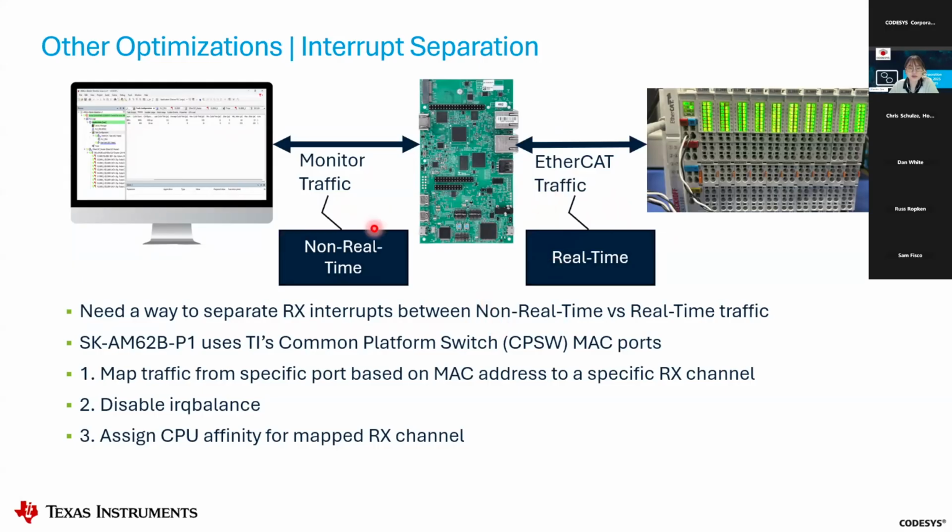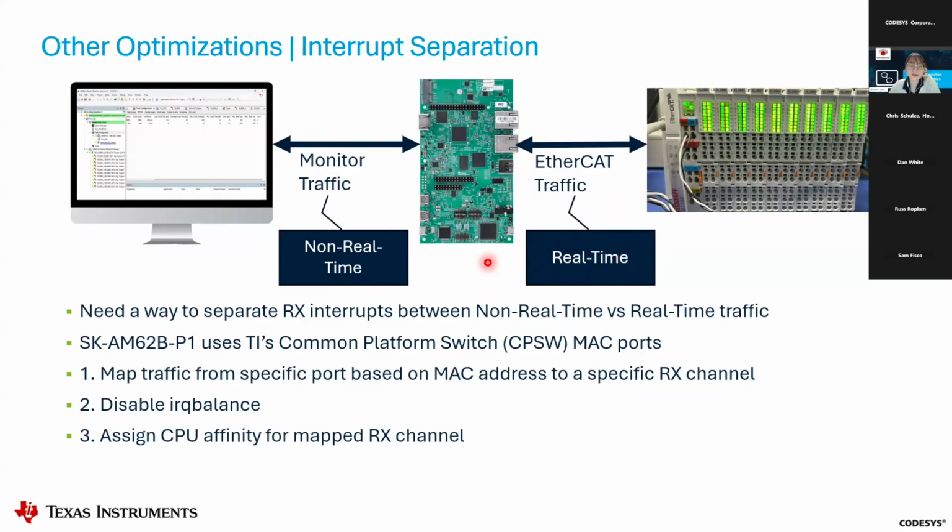Although these two traffics are passing through two completely different ports, that doesn't necessarily mean that processing of the traffic from these ports is not using shared resources. Because shared resources might be used to process both non-real-time and real-time traffic, there may be interference with real-time traffic, causing additional EtherCAT cycle time latencies.